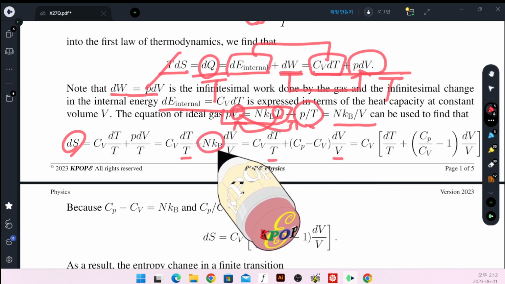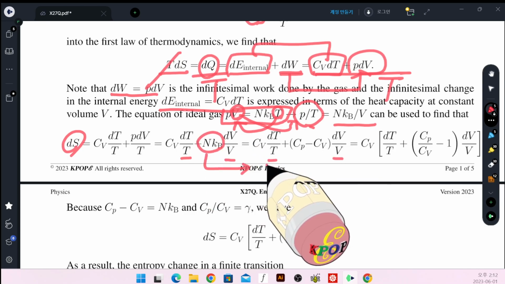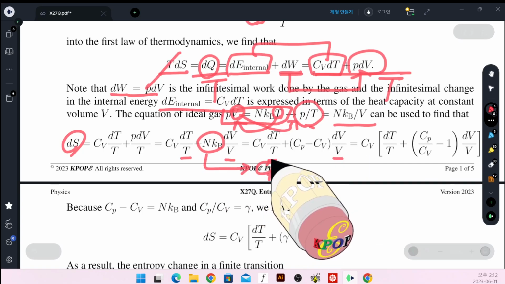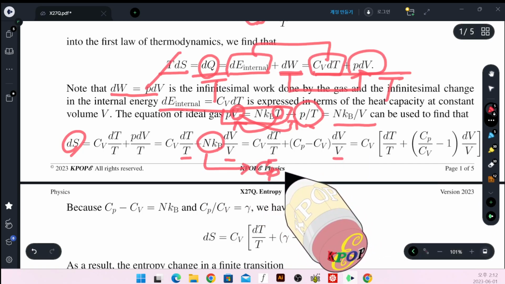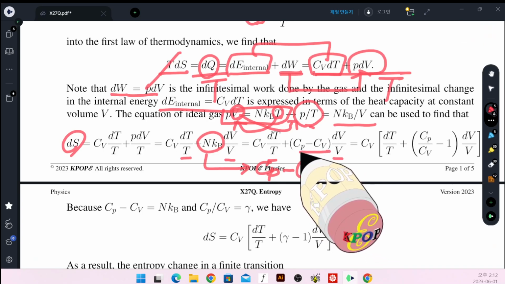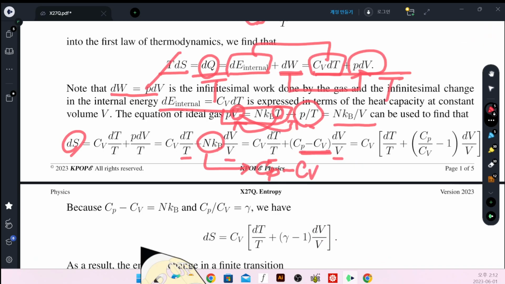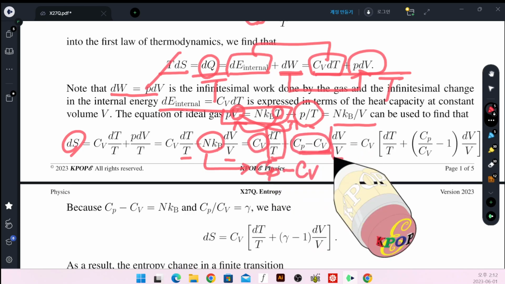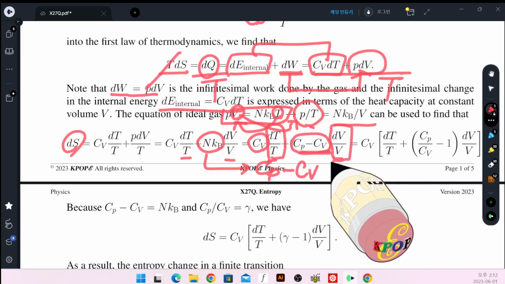We recall that NkB is the difference between the heat capacity at constant pressure and the heat capacity at constant volume. So these are all differentials of logarithms.